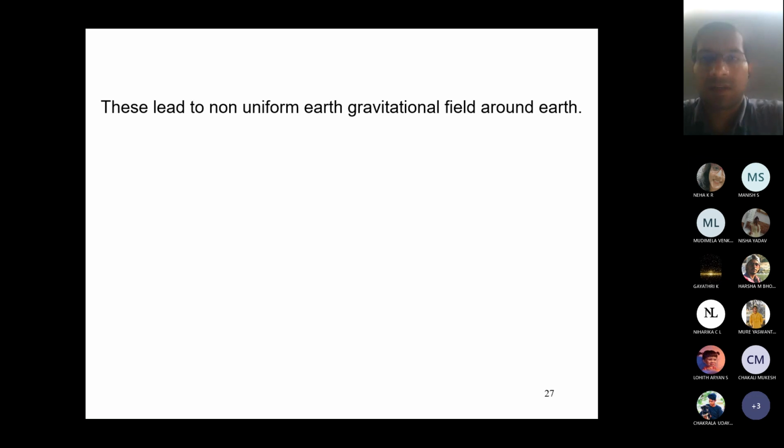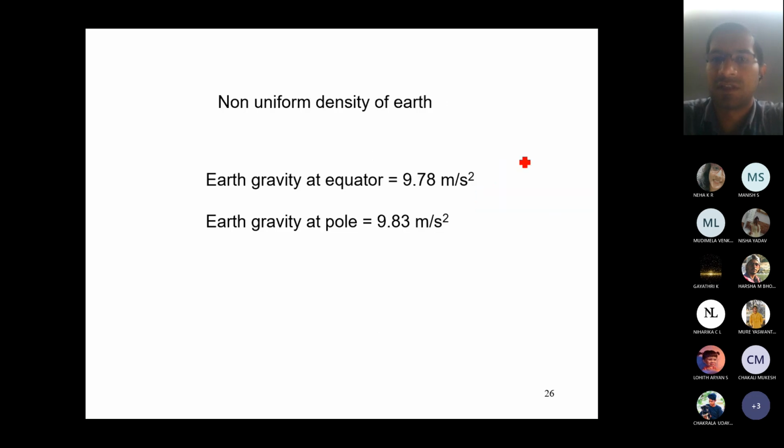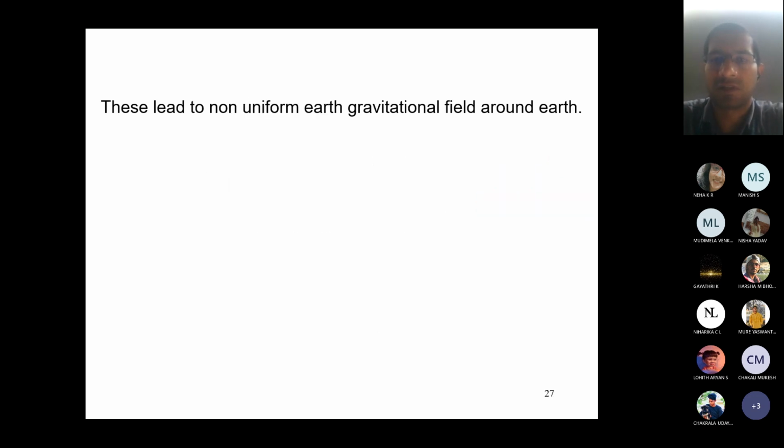This is because of the shape. Since the shape of the Earth is such that the equator is quite bulged. If you see the equator portion, it is bulged. That is the reason why towards the equator we are experiencing less gravitational field and towards the polar regions, whether south or north, we are experiencing high gravitational field.